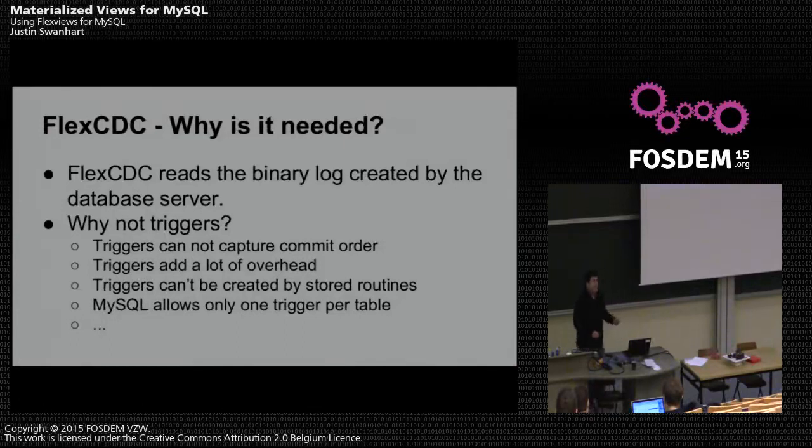So I couldn't have a routine called create_mvlog that would actually create the trigger on the table, because you can't create triggers in stored routines. And finally, MySQL only allows one trigger per table. So if you want to have different triggers, and that's outside of 5.7 DMR, you can only have one trigger, and that's a big limitation. So it instead reads the binary log externally and updates these tables.